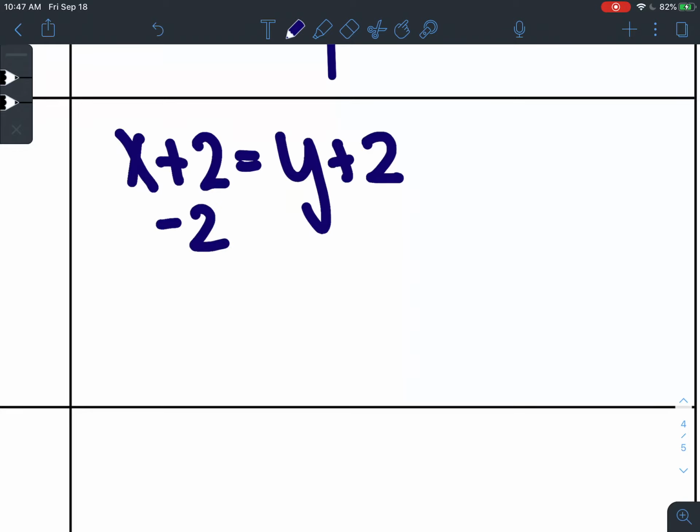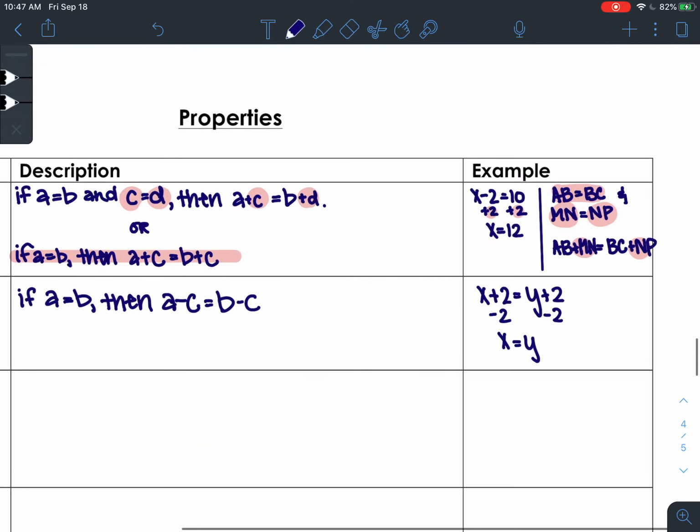Couldn't I subtract 2 on both sides, and I would get x is equal to y? That's an example, all right, of the subtraction property where I'm subtracting 2 from both sides.